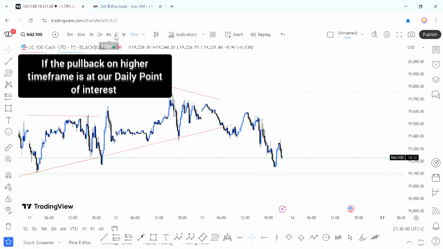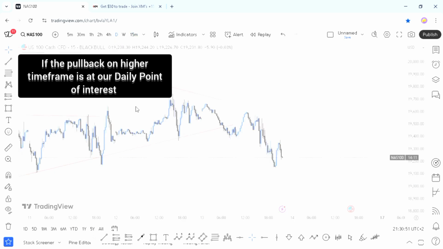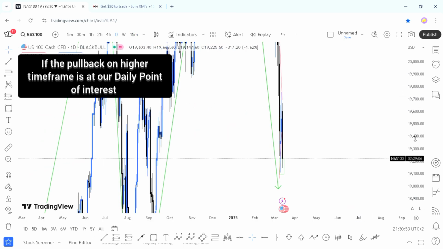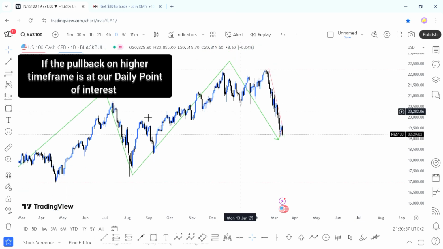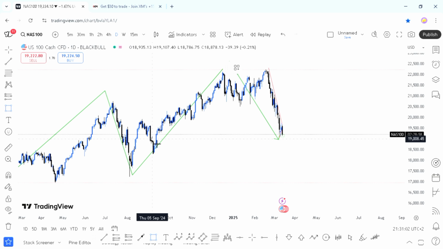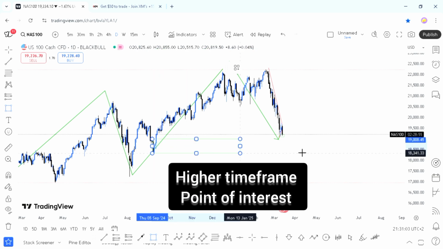Going back to the higher time frame, when we zoom out we can see clearly that there is a point of interest at this level right here on our higher time frame zone. The market has reached the point of interest.